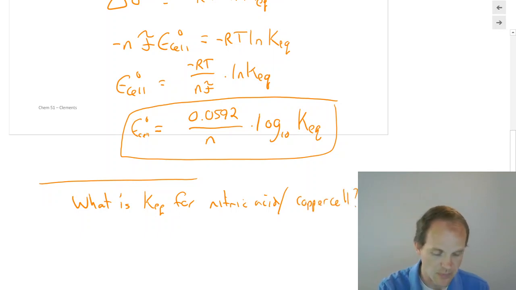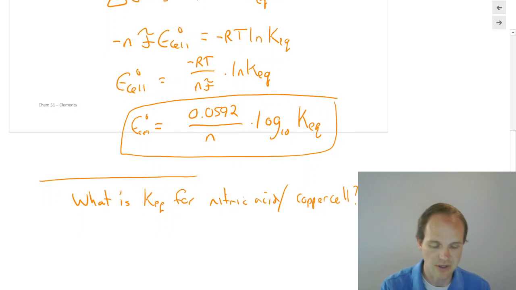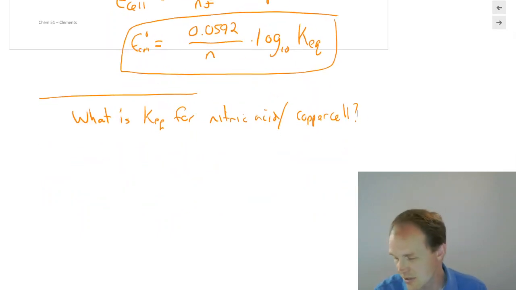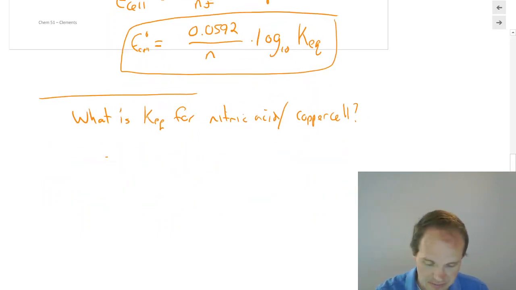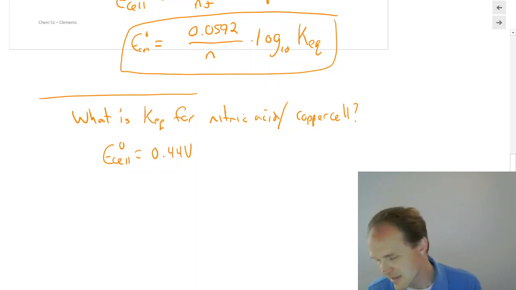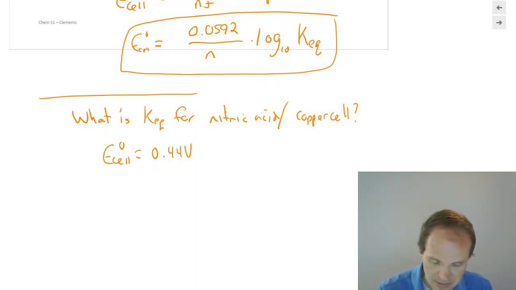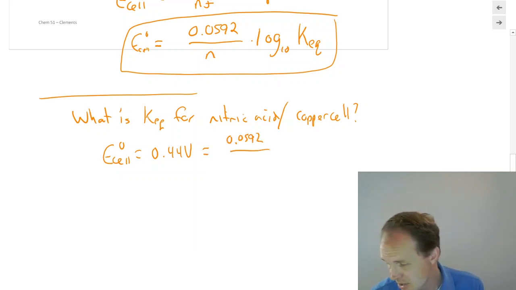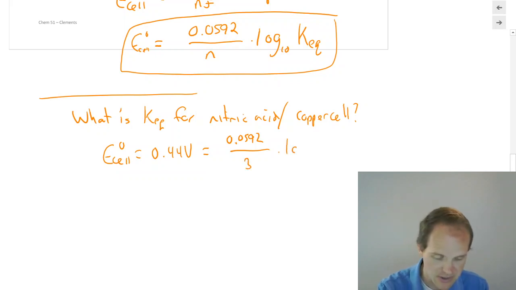Now, this was one we did as an example a couple videos ago, so I'm just going to tell you the answer that we figured out: E cell was 0.44 volts. So not a huge voltage, right? 0.44 volts, that's not very large. And so we're going to get that 0.44 volts equals 0.0592 over N, where N in this case was 3, times the log base 10 of K.